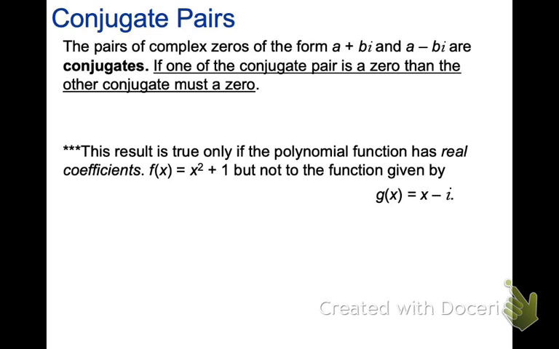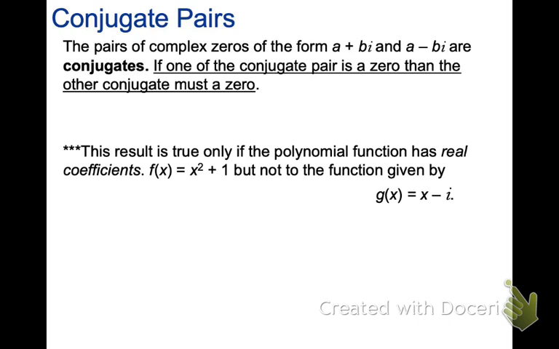Are these all real numbers given to you? Yes. Is this function all real numbers? g of x? No. Now, if they told you the zero was x minus i, you'd be good, because that's not the function, is it? So, conjugate pairs always exist if you started with what? All real numbers.